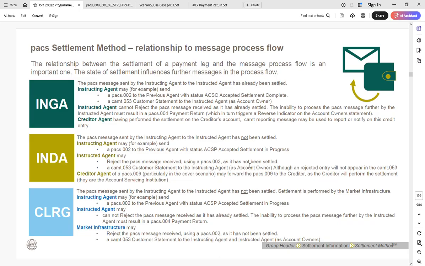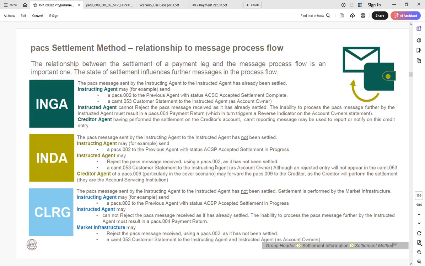Okay, very simple. I'm going to read it once again. Let's look at them individually. INGA indicates that settlement is done by the instructing agent, which is the sender of the message. This is also where the name comes from: instructing becomes INGA.